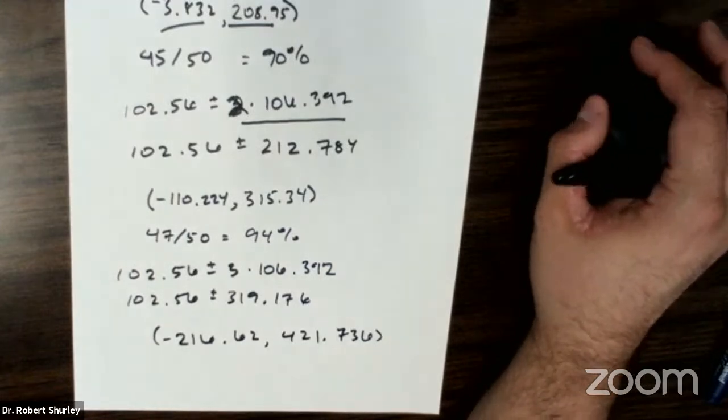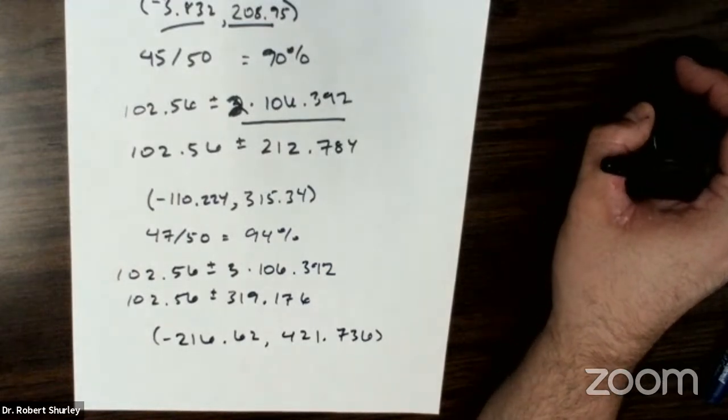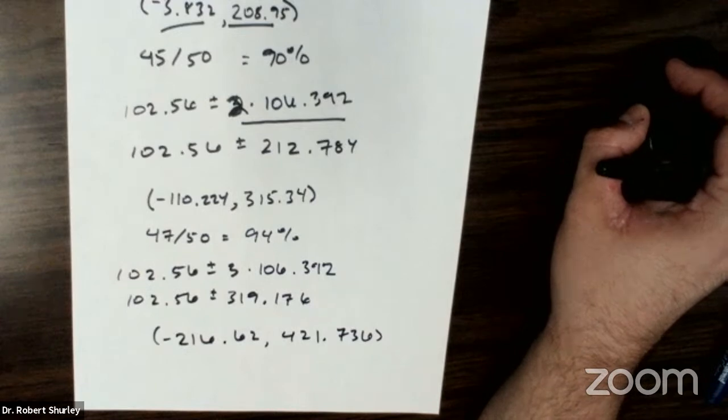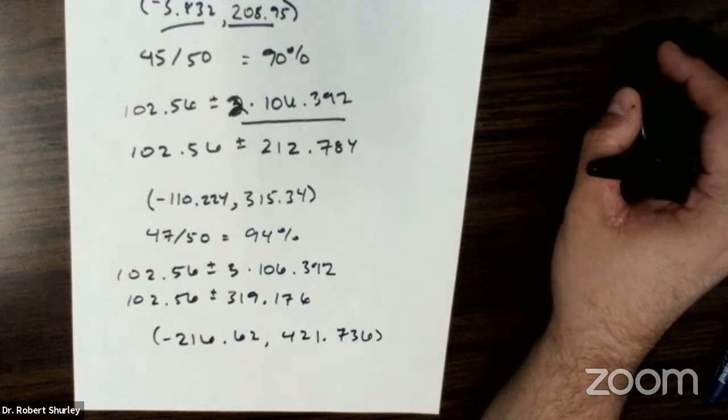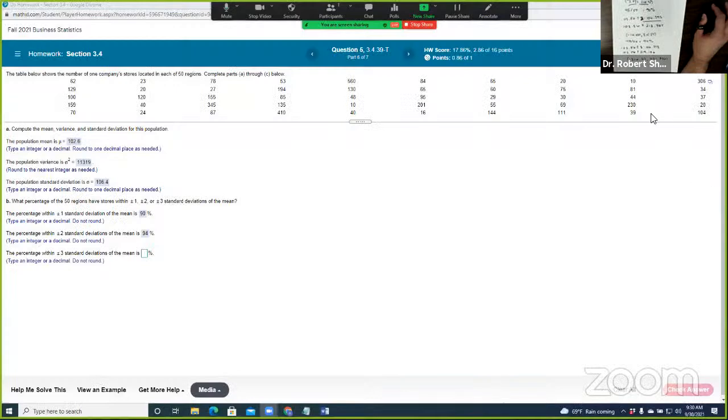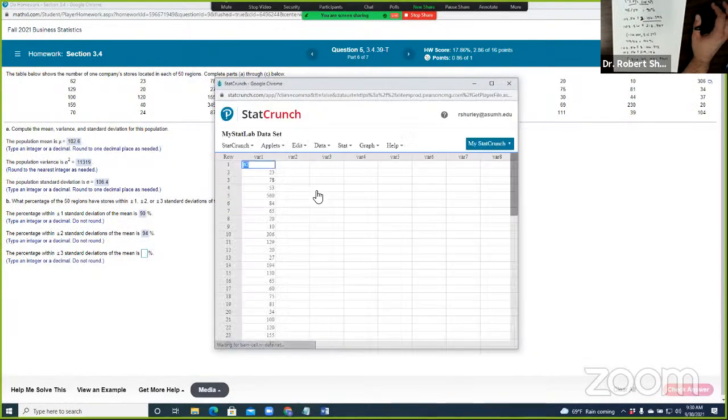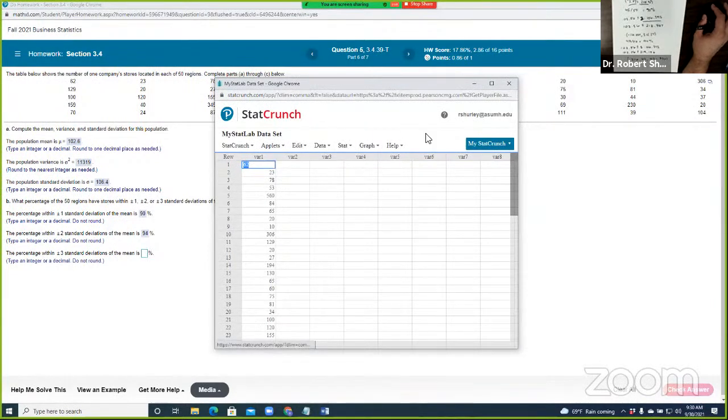So if I go back, I've got to see which regions have more than 421 stores. So when I go back to this data, share my screen again. If I go back to opening up in StatCrunch, I probably might have already had this open, that's fine. And I go back to ascending this thing. I think I've only got 1. Yeah, there's only 1. There's this one region that has 560 stores. So that means 49 out of 50 are going to be in our interval.